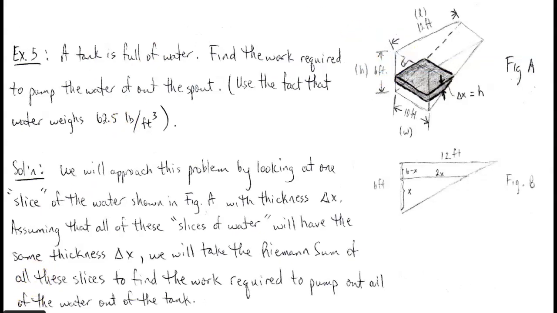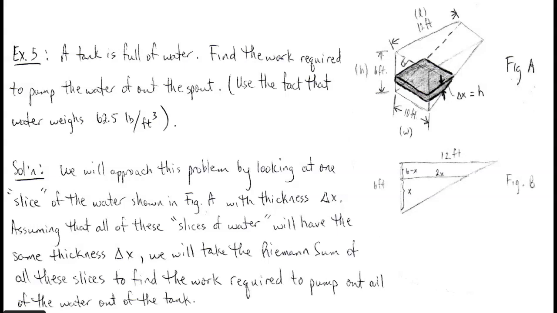All right. So the way that we are going to approach this problem is we know that depending upon what level we are at in the tank, a certain little piece, or as I call it, a slice of water, is going to take so much work to get from where it is in the tank up to the top and out the spout.